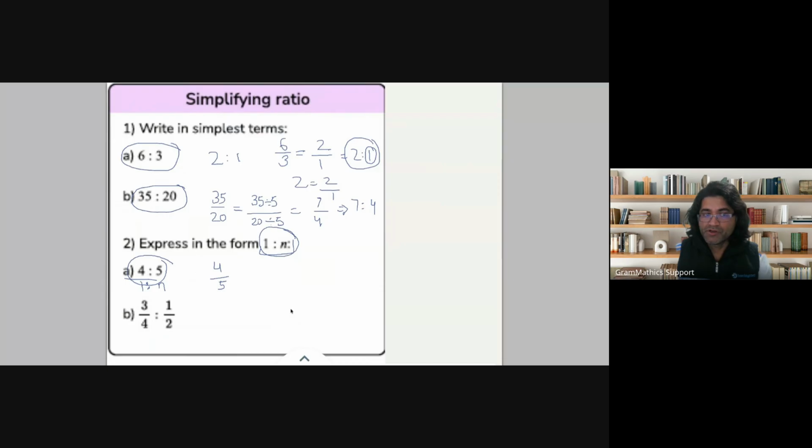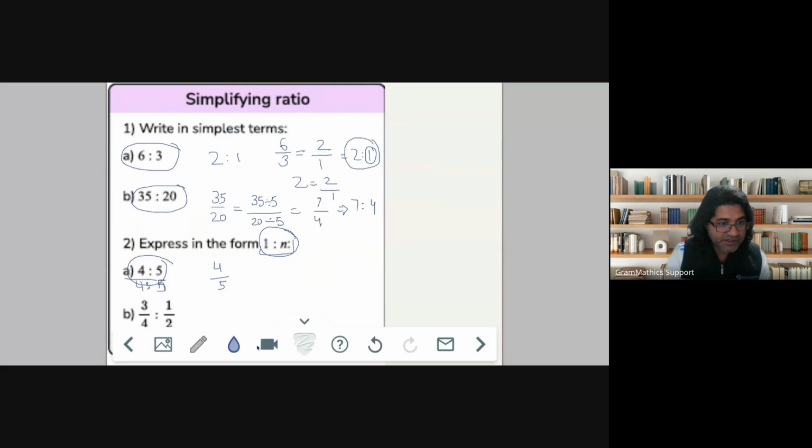So how will I do this? We are building a base for proportion here, not just ratio. No, 4:20 is not the correct answer, because if this is 4, 5, and this stays as 4, the n stays as 5. We are looking for 1:something. Let me get the eraser.